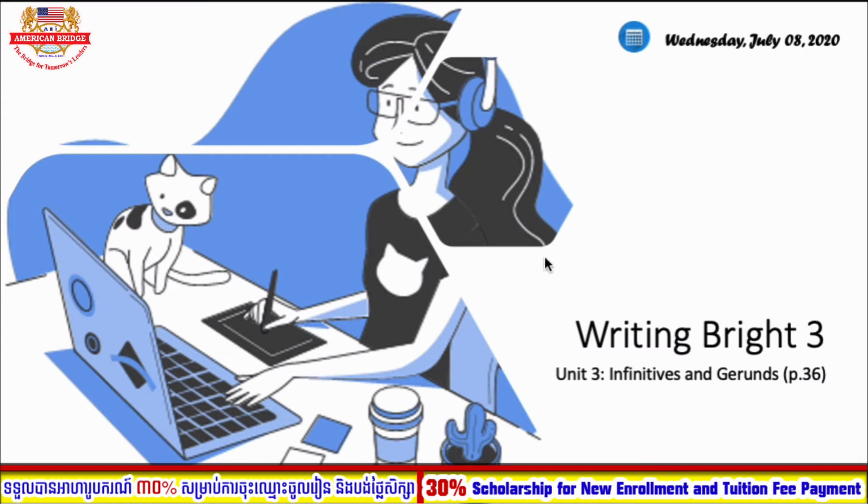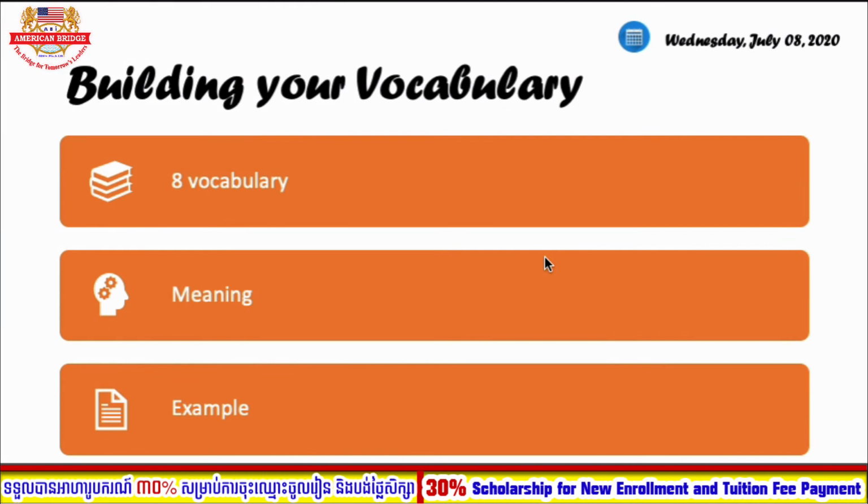So the lesson that you are going to learn in this session is Unit 3, Infinitive and Gerund. However, the main focus of this video lesson will be the vocabularies. So what are you going to study in this slide presentation? If you open your books to page 36 of your Writing Break 3, you will see there are 8 vocabularies, and each vocabulary is very special because it has a similar meaning and different punctuations.